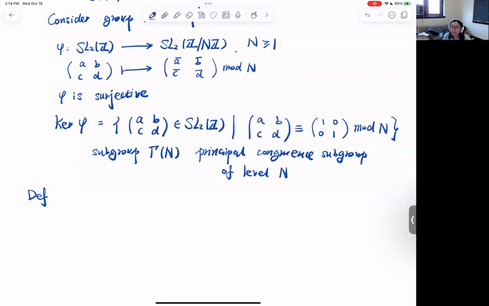Definition. Let's define a family of subgroups of SL2Z more generally: congruence subgroups.